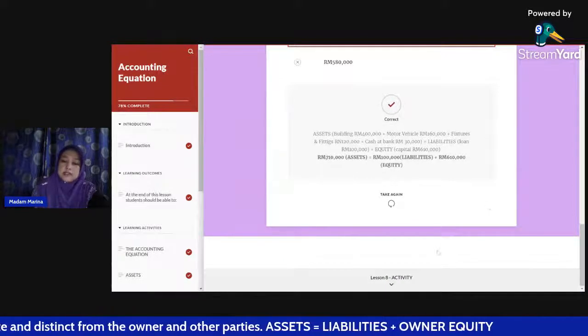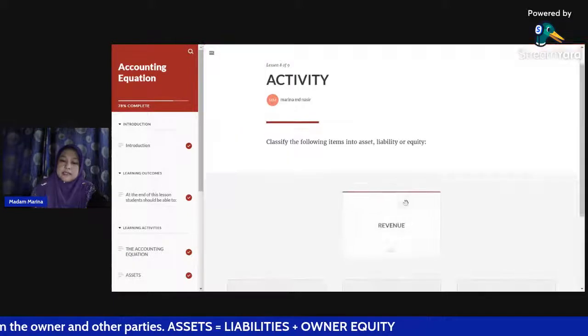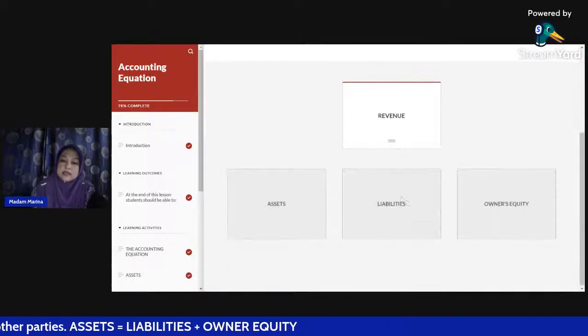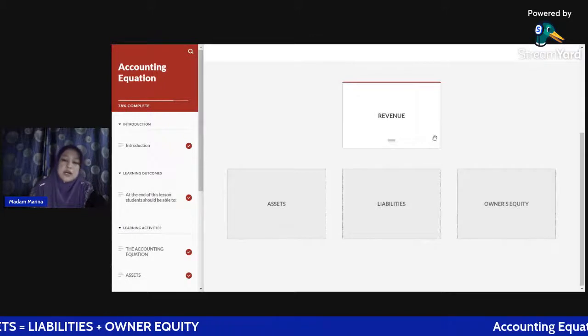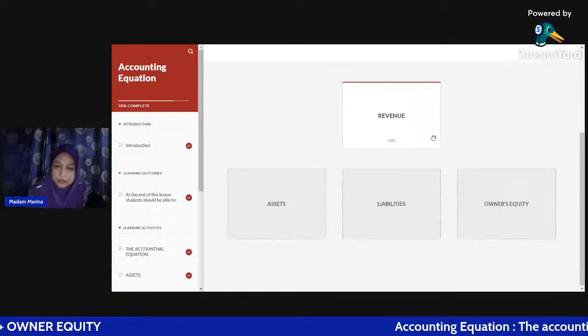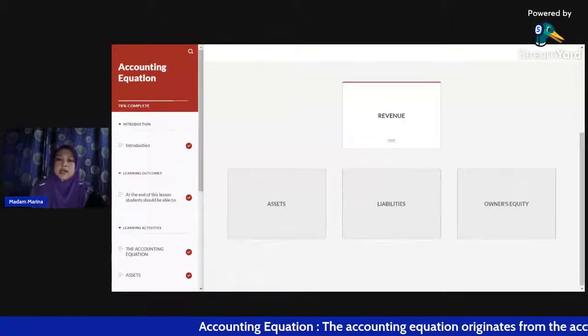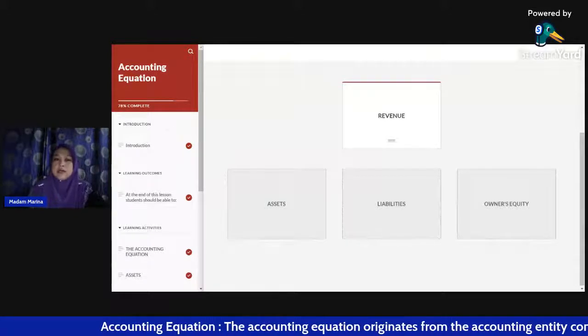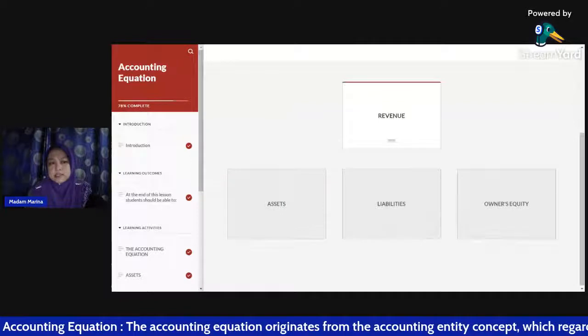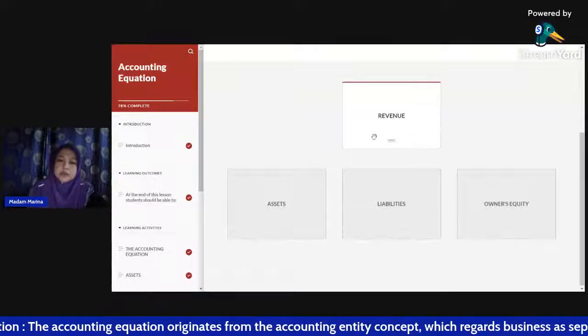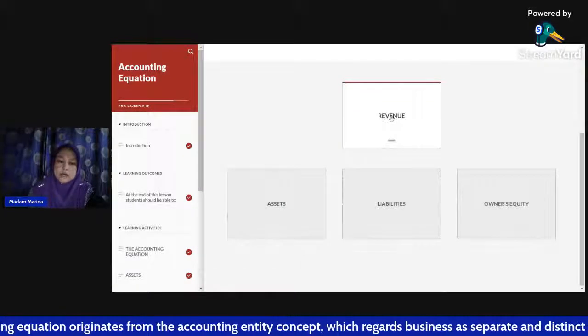So next is the activity. I need you to do this activity. I will give the link. The link is already given in the WhatsApp group. How to do this activity?